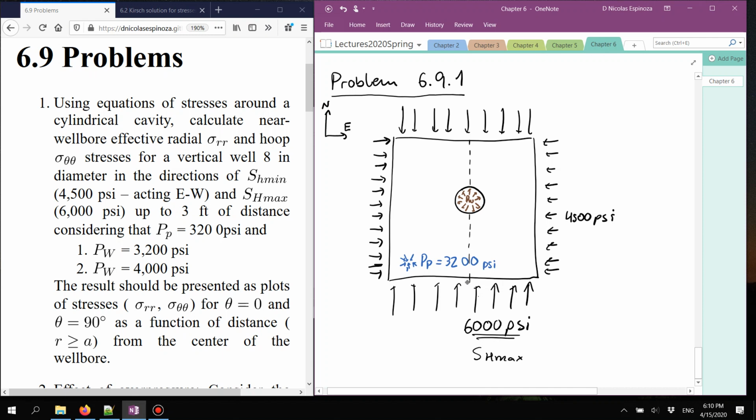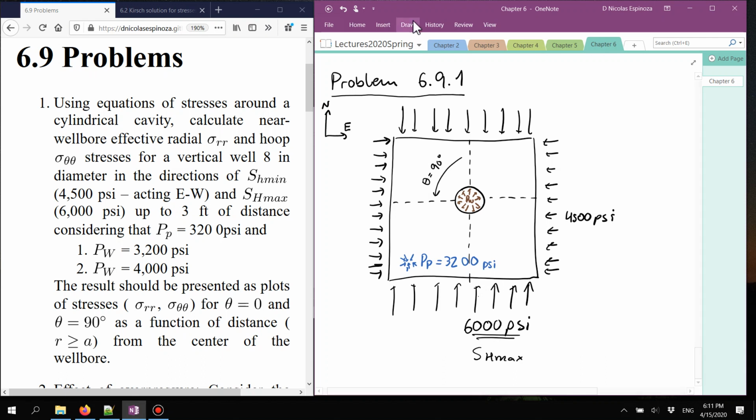It's a line which is north-south, and therefore an angle theta equal to 0 will be a line along this line. And theta equal to 90 would be a line along this line, where theta in this case is equal to 90 degrees.